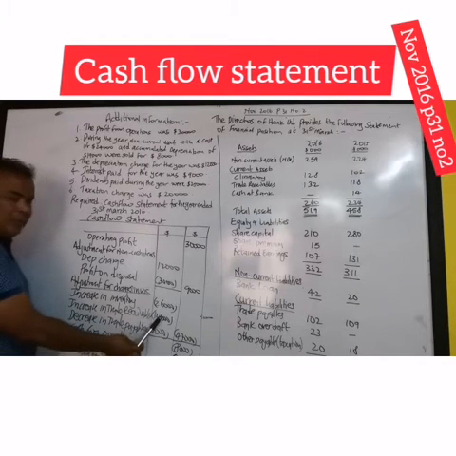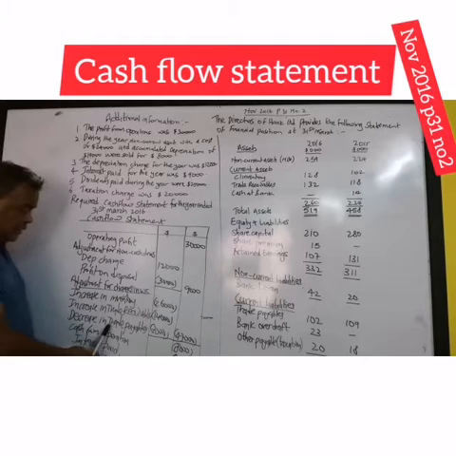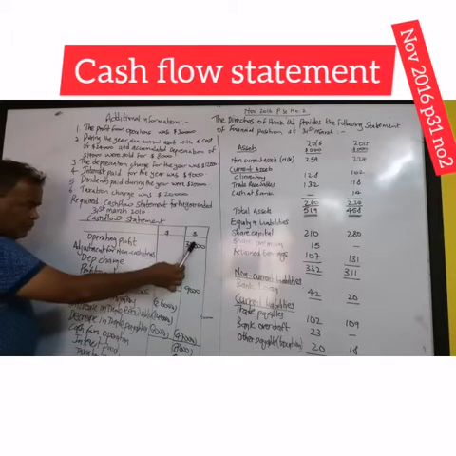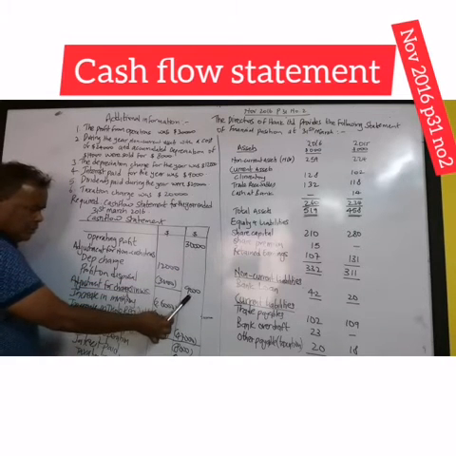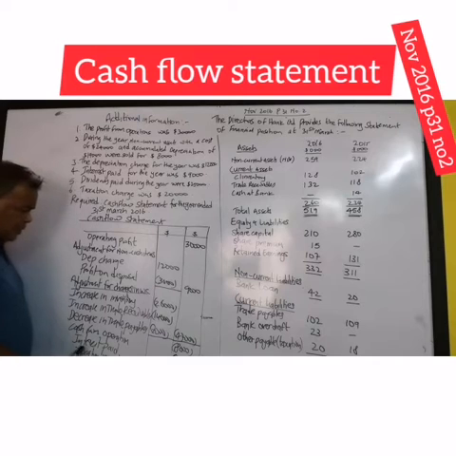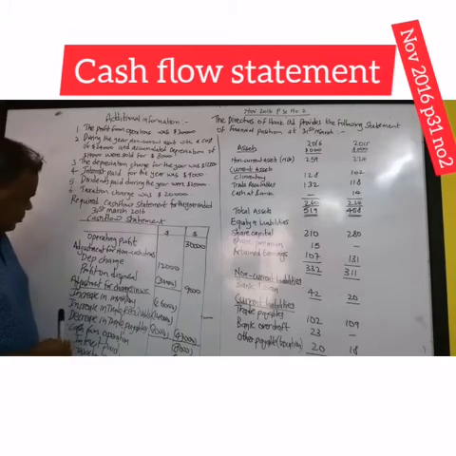Increase in trade receivable, 14,000. Decrease in trade payable, 7,000. So the total, 47,000. Then 30,000 plus 9,000 minus 47,000 gives cash flow from operation. Then interest paid 9,000, taxation paid 18,000. So the difference will give us net cash outflow from operating activities.